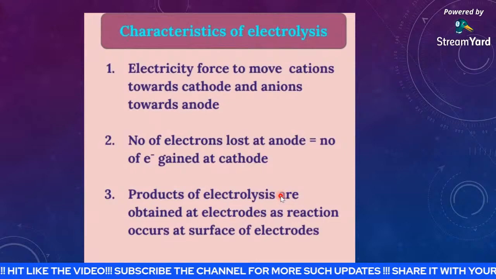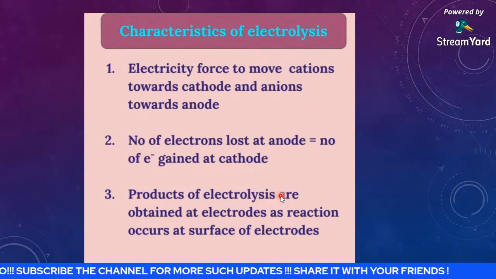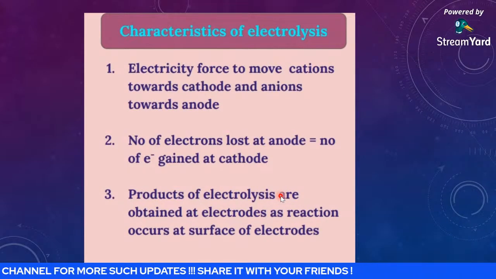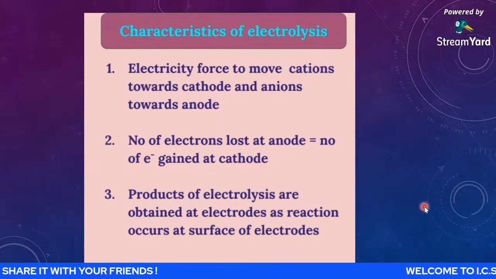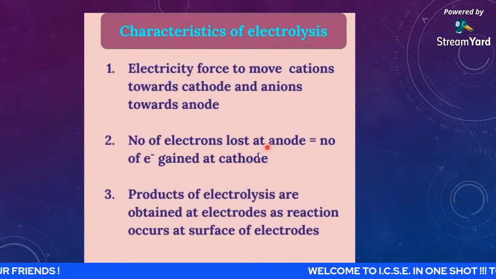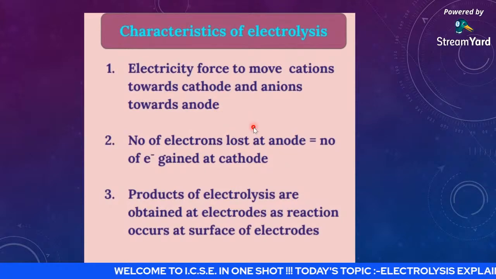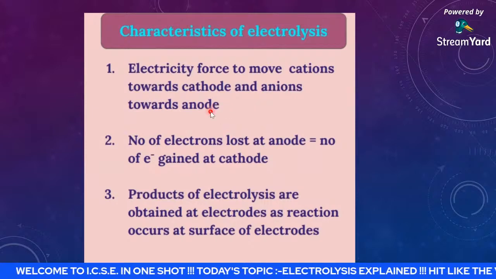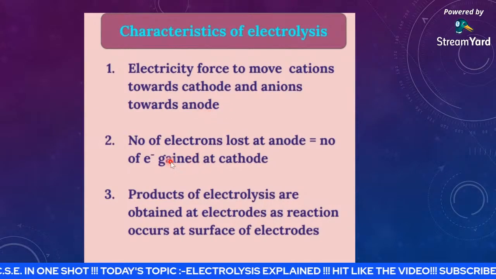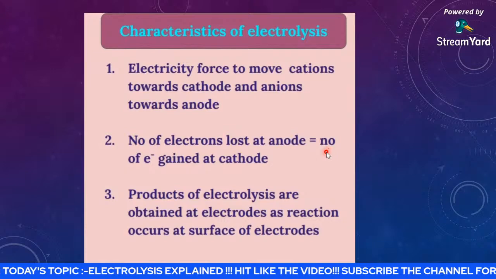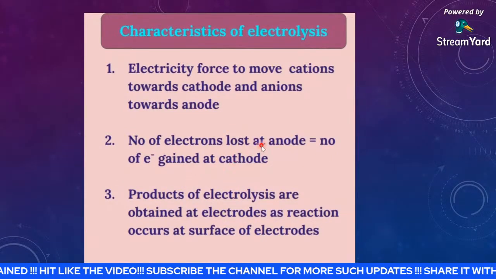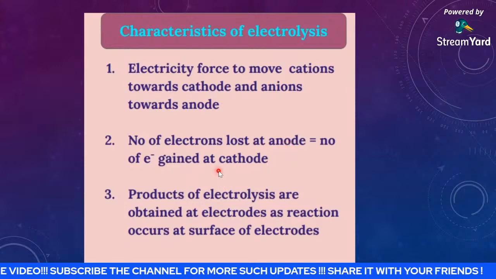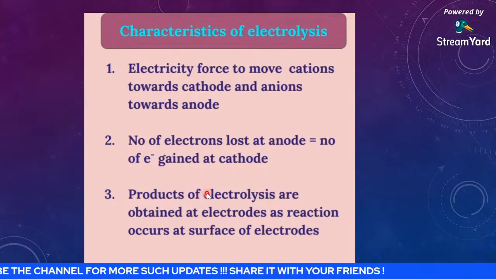Now, characteristics of electrolysis. Electricity forces cations to move towards the cathode and anions towards the anode. The number of electrons gained at the cathode is equal to the number of electrons lost at the anode.